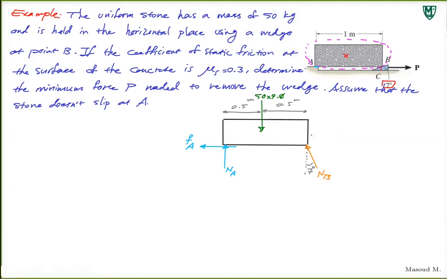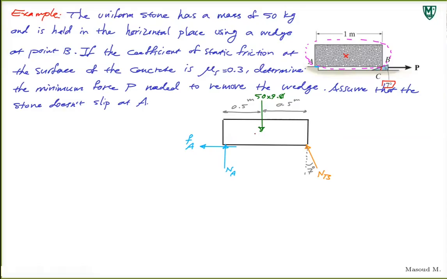So the angle this creates with the vertical direction is 7 degrees, as NB is applied at point B, perpendicular to this contact surface between the stone and the wedge.